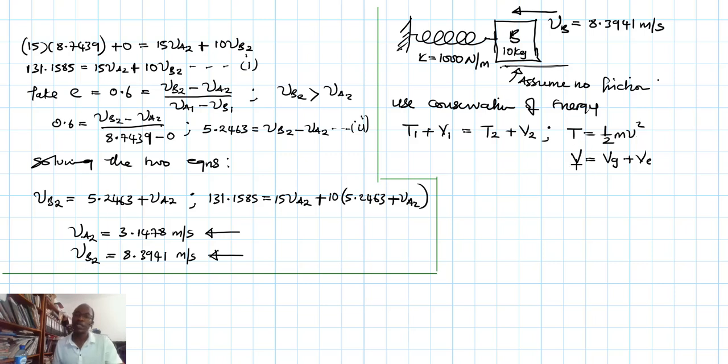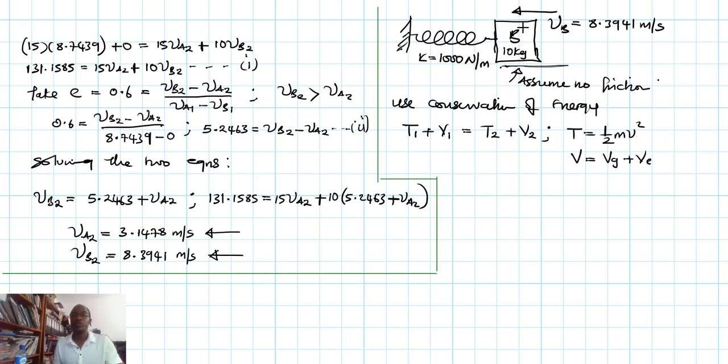So T is kinetic energy while V is potential energy, and we have gravitational potential energy and elastic potential energy for mechanical systems, right? So we are looking at the conservation of mechanical energy.